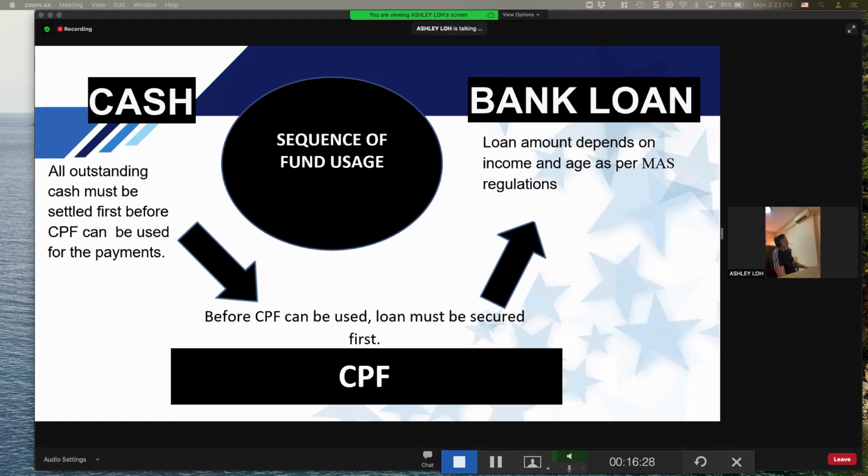All your outstanding cash must be settled before you can touch CPF. If you don't touch CPF, then you don't need to settle your bank loan. You can slowly take your time to pay whichever stage you're at. So you must always follow this disbursement order, which I will give you an example of later as well.